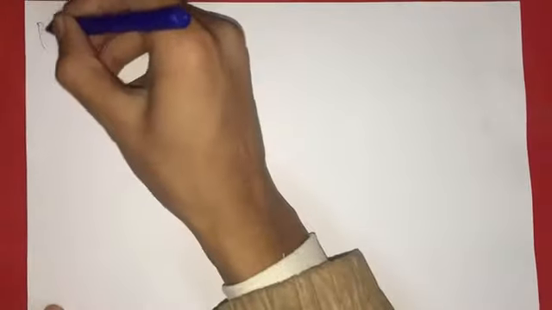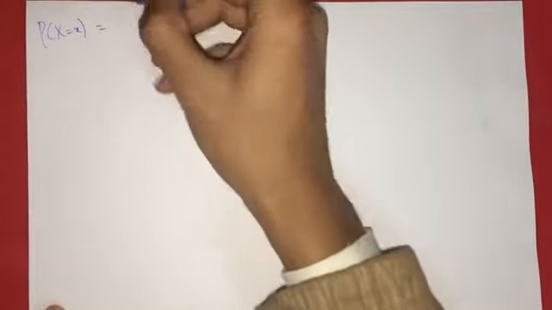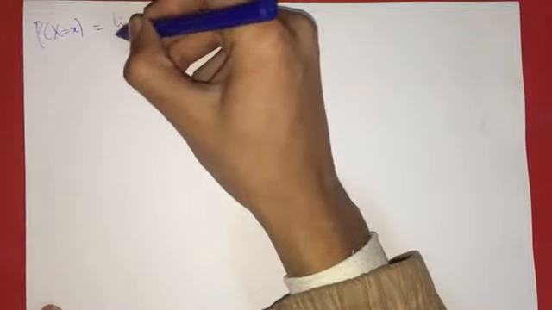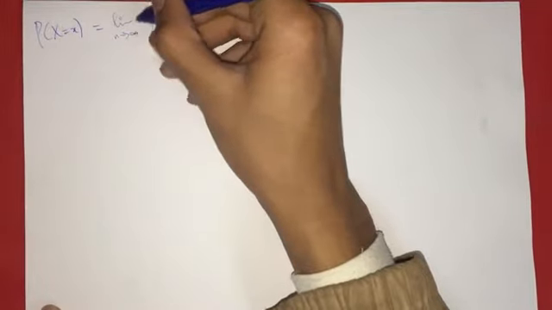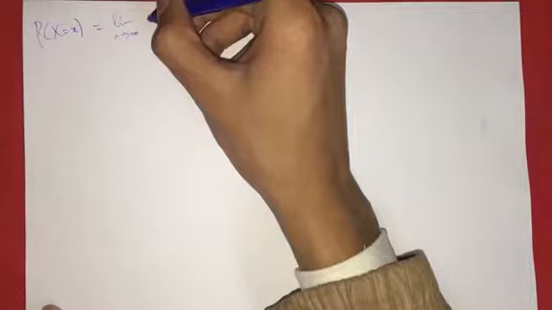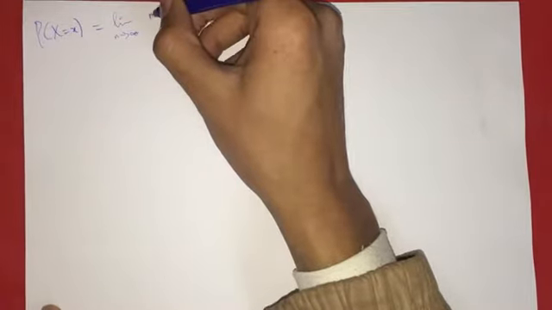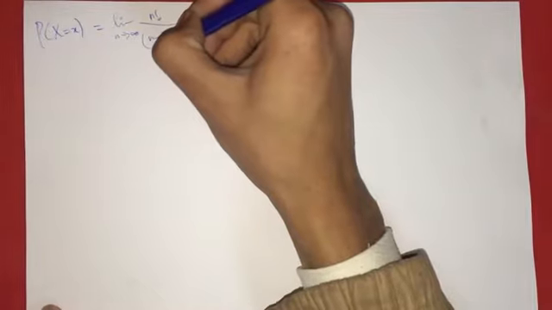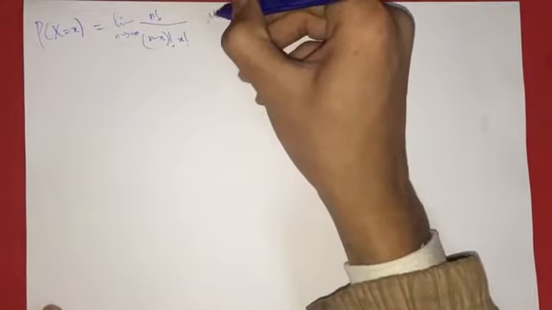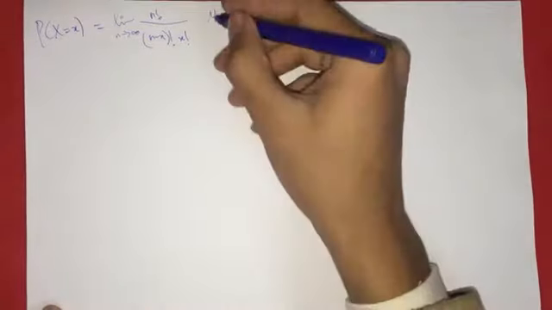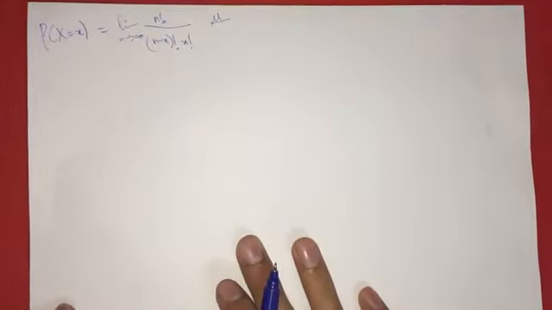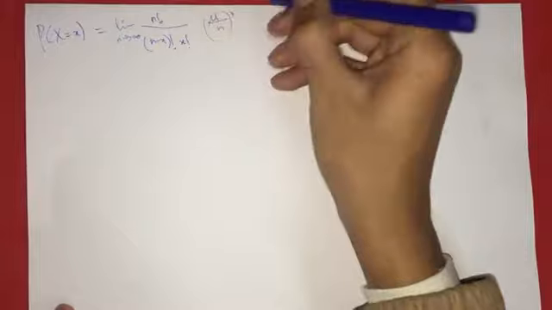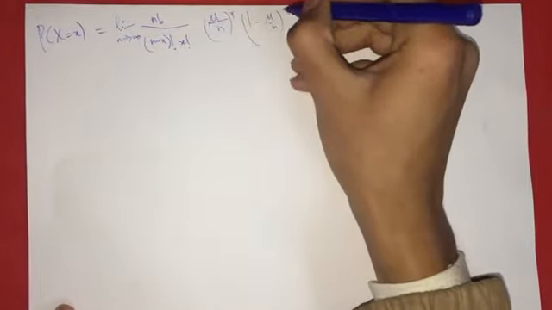this term, if we consider, so you have p of x when x equals little x, you have the limit of n approaches infinity of n factorial divided by n minus x whole factorial, x factorial, and you have mu by n to the power x, and 1 minus mu by n raised to the power n minus x.